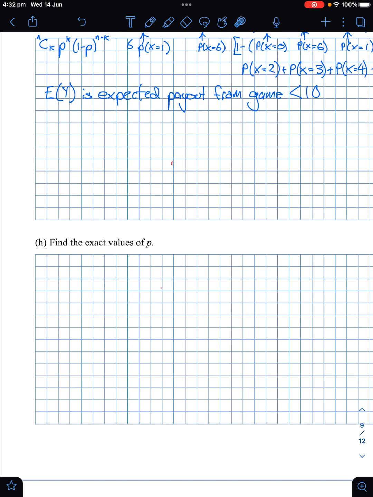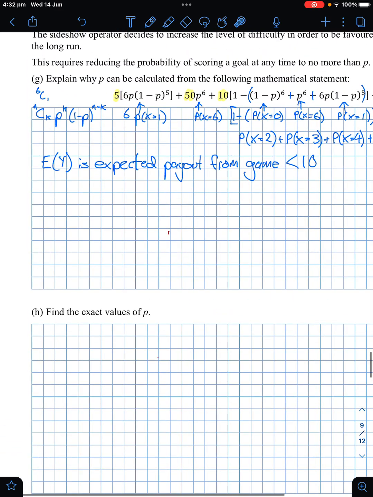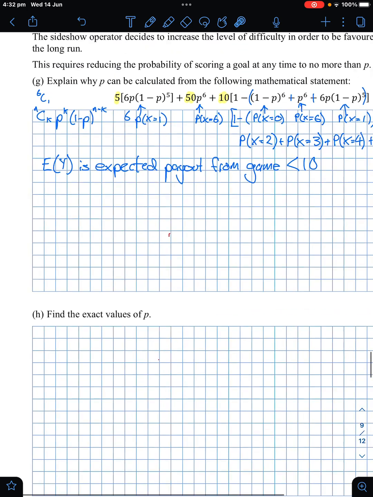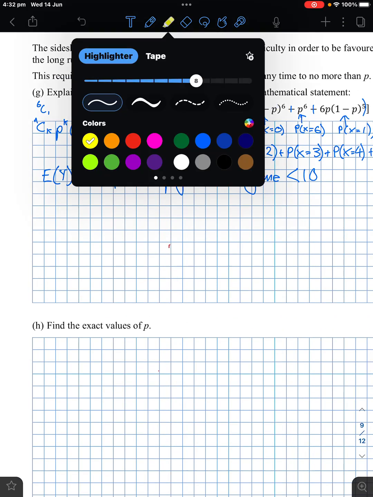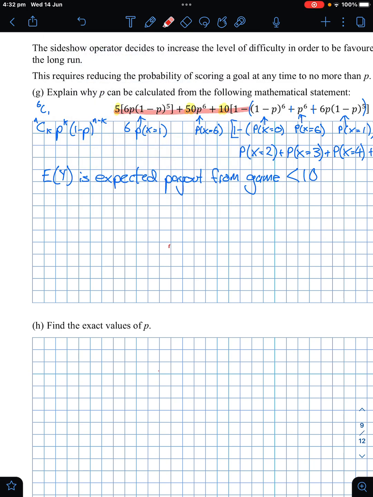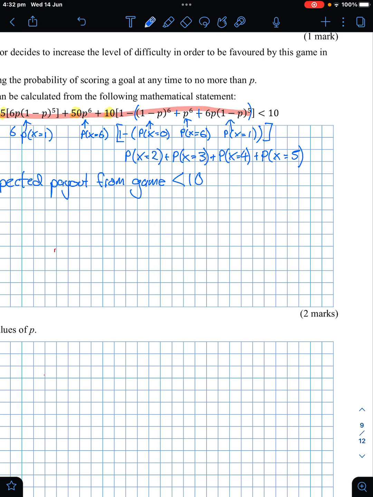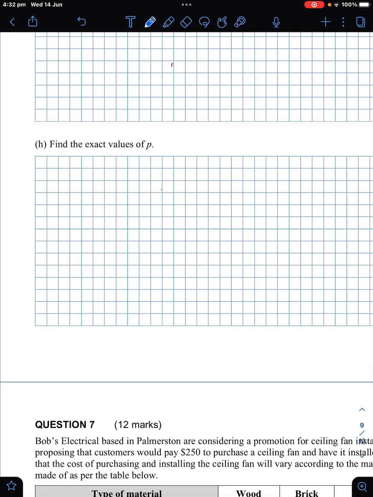It's actually the expected one, we're just putting a p-value in there. I can go through that more in the morning, but the point of it is all we're looking at here is this value here. This side of it is the expected, this is e to the y, and that's all we've calculated there. Find the exact value of p, just put it in your graphics calculator, graph this.